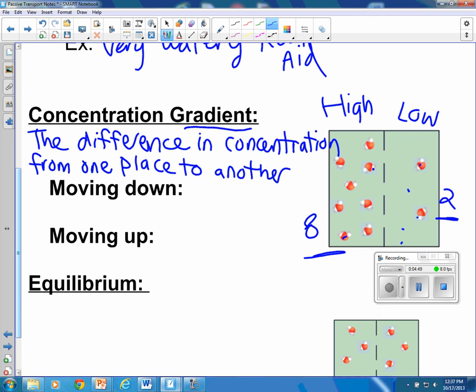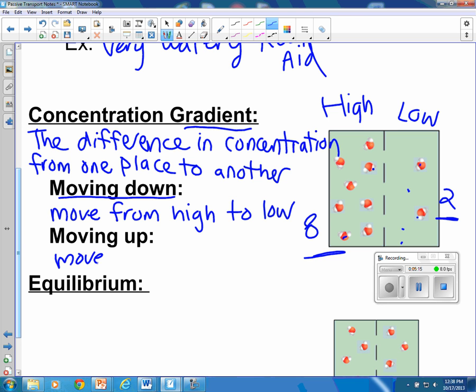You have more concentration at the bottom than the top. Sometimes we say molecules move down a concentration gradient. This means they move from high to low concentration. If they're moving up, what do you think it is? They move from low to high.